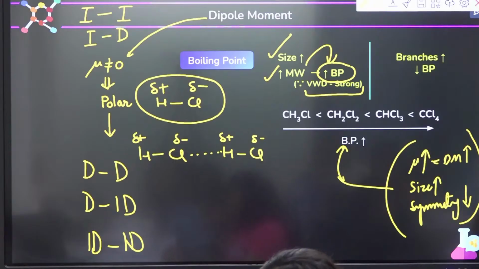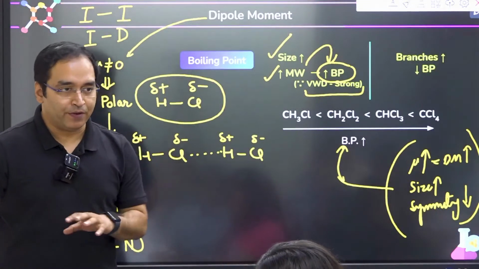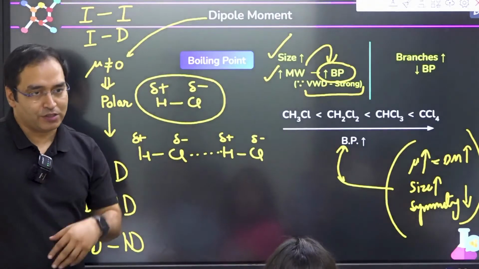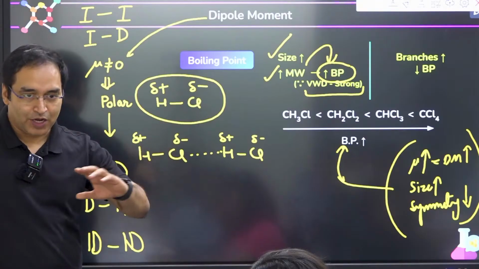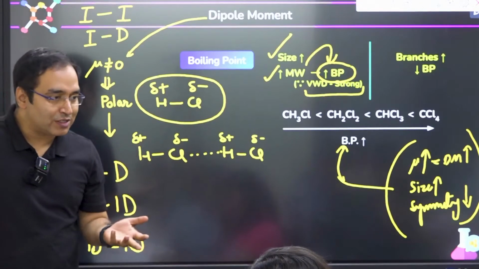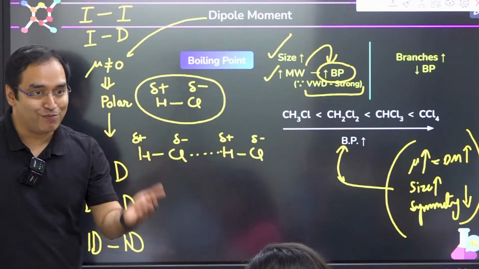Why? Because boiling is a process where you are converting liquid into vapor. You are overcoming the interactions. To overcome interaction, you have to supply energy, right? So if forces are strong, you have to supply more energy and increase boiling point more.